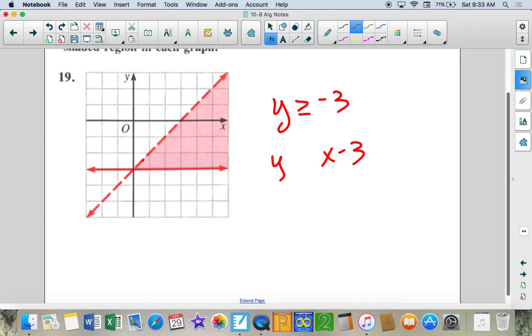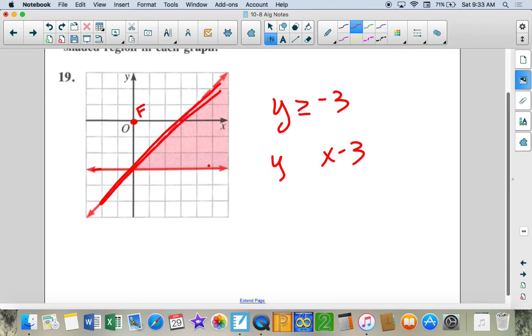And now I have to see this thing. Now there's two ways that you can do this. So it shades down. So I know that 0, 0 is going to be false for this equation. Just this one. Not this because it's shaded up. And it was true for that. But for this one, 0, 0 is false.